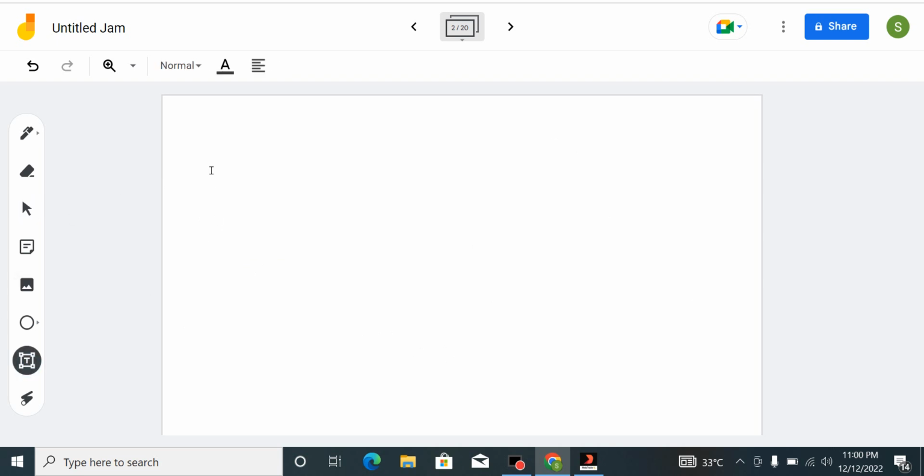Okay guys, this is Jamboard, so I'm just going to use this to explain a few things right here. Spikes trading happens in two ways. It usually happens on boom and crash. It happens when trading boom, and it also happens when trading crash.